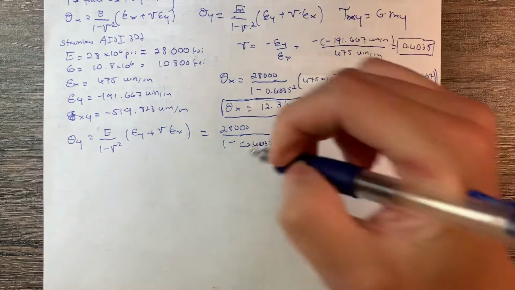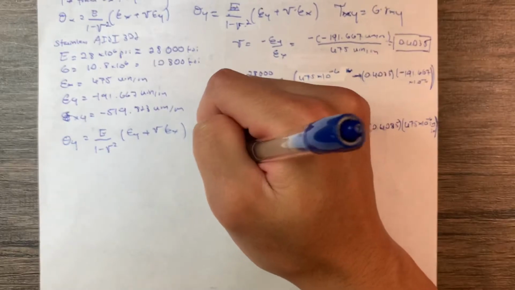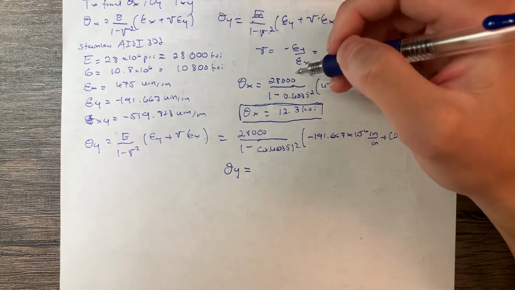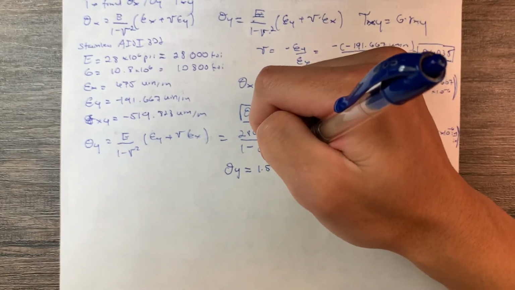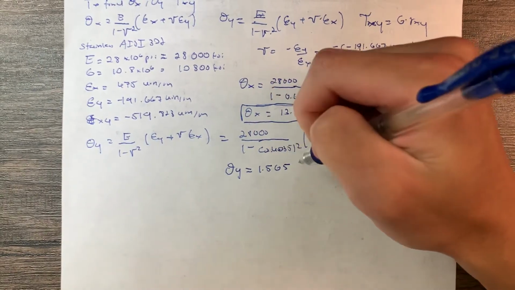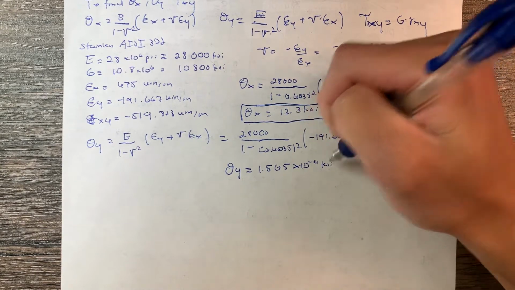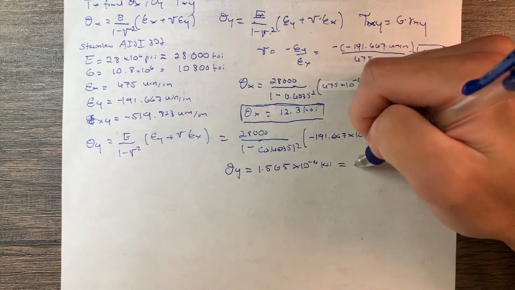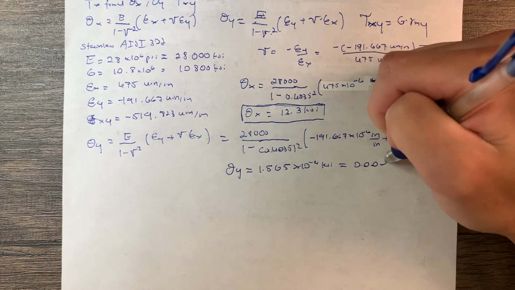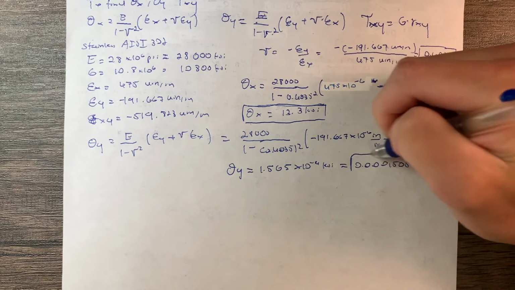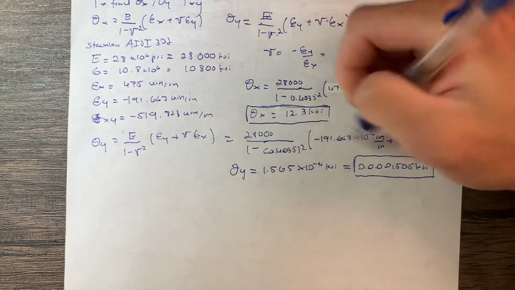So sigma y is a very small number, 1.505 times 10 to the negative 4 ksi, or I like to write it as 0.000150 ksi, just to keep it consistent with sigma x.